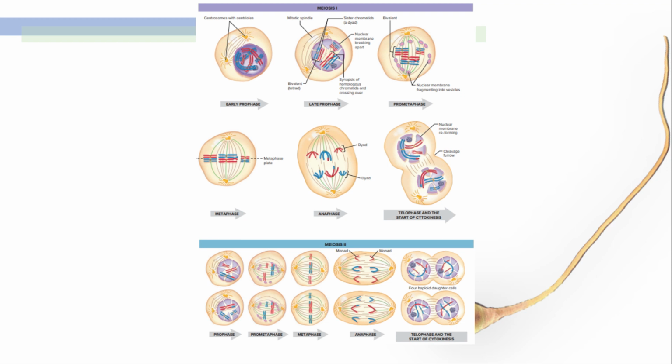So, what happens in prophase 2 ay magbe-break down yung nuclear membrane na na-form during telophase 1. So, magbe-break down yung nuclear membrane, then the kinetochore microtubules will have an access again to the kinetochores. Then, in prometaphase 2, nakakonect na yung mga kinetochore microtubules sa kinetochore.